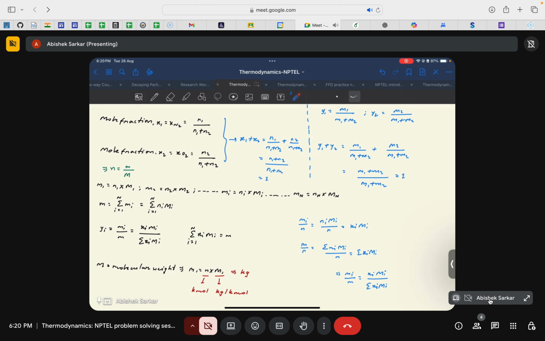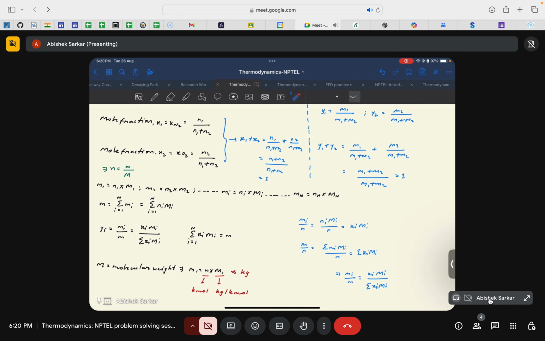So now for different gases in the mixture, you can write m1 is equal to n1 times capital M1, m2 is equal to n2 times capital M2, mi would be ni times capital Mi, and mn is equal to nn times capital Mn.